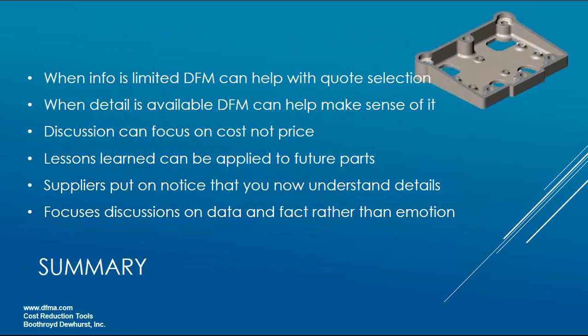But over and over again, the thing that it really brings it back to is that last one, that this really allows you to focus your discussions with suppliers or whoever the person may be on data and fact and not emotion. And I think that's a really important point that we want to try and stress that can be achieved through the use of our tools. So that's what I had prepared for you here today.